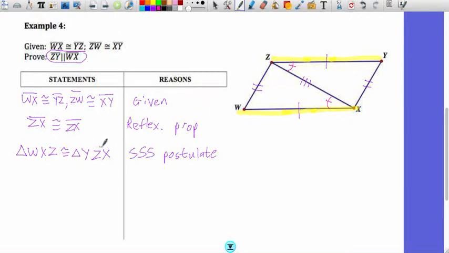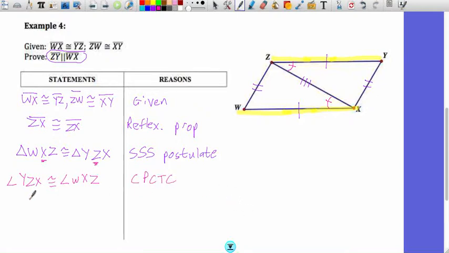Y to Z to X and W to X to Z, those angles are corresponding angles, and so we are able to make the statement angle YZX is congruent to angle WXZ, and that is because of CPCTC.